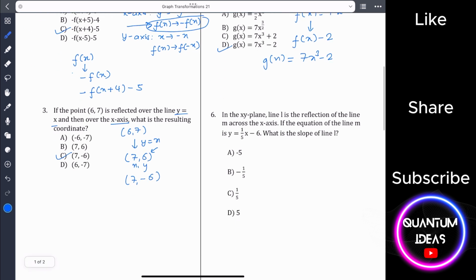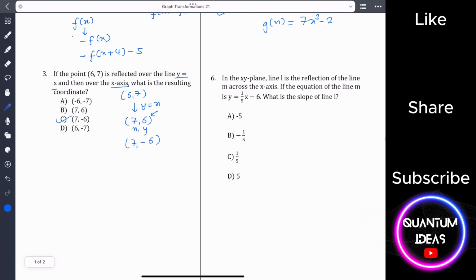Quite easy. So let's go to number 6. In the xy plane, the line L is the reflection of the line M across the x-axis. If the equation of the line M is this one, what is the slope of the line L?